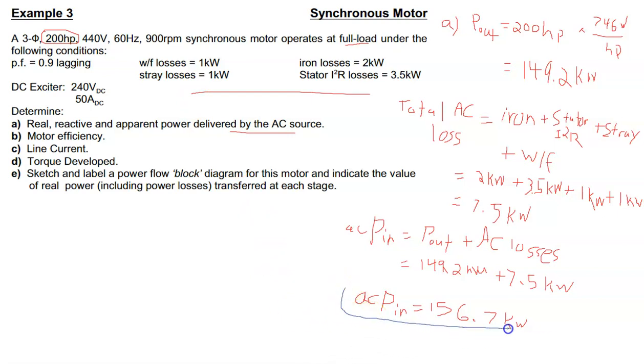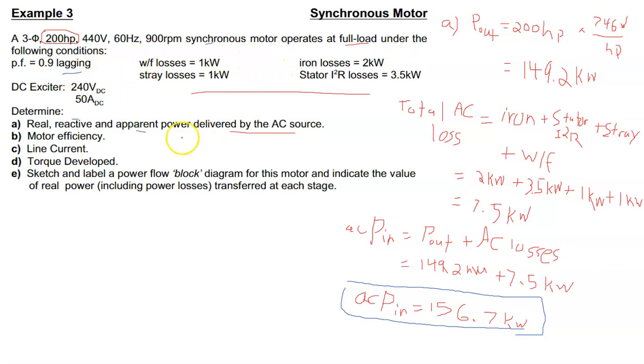Okay, so now we need also the apparent power, which remember is S, and reactive power, which is Q. And again, this is a synchronous motor. We're told it's lagging, which is normally 0.9 lagging, a good acceptable spot to have that adjusted to. It doesn't give you minimal stator current, but it gives you a good acceptable power factor at 0.9.